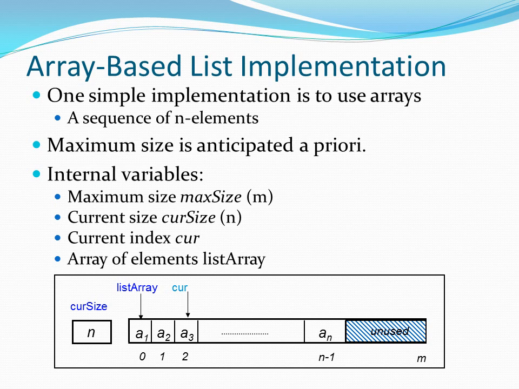In array implementation of list, the elements are stored in arrays. This is a sequence of n elements. Maximum size of the array has to be known prior.